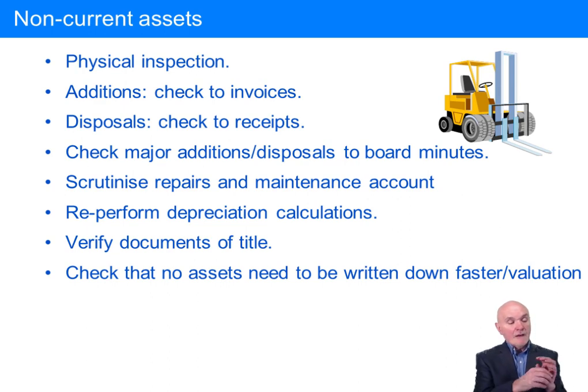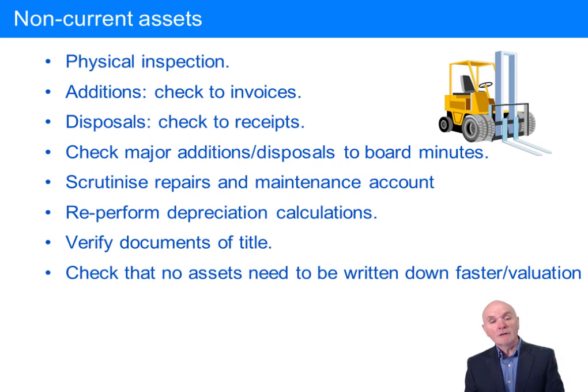It would have spaces in it for, yes, it was physically inspected on a certain date. And then you keep a kind of running total of what the depreciation was. So each non-current asset had its little card, its little detailed entry, and these should reconcile to the total figures that are going to be appearing in the financial statements under non-current assets.